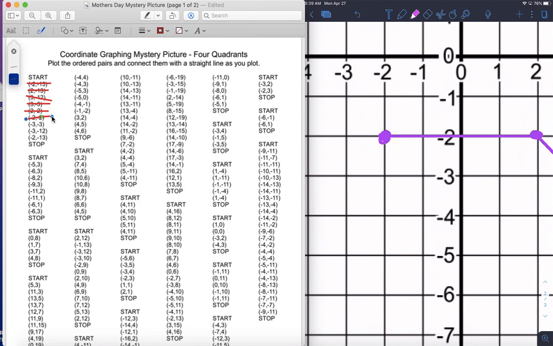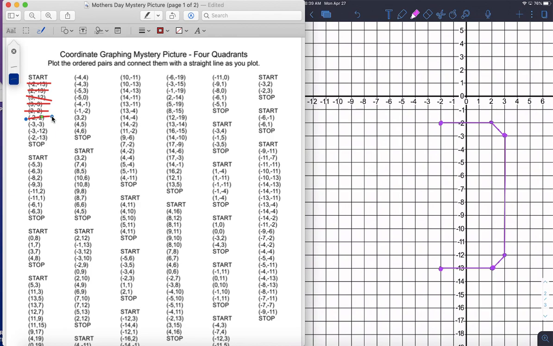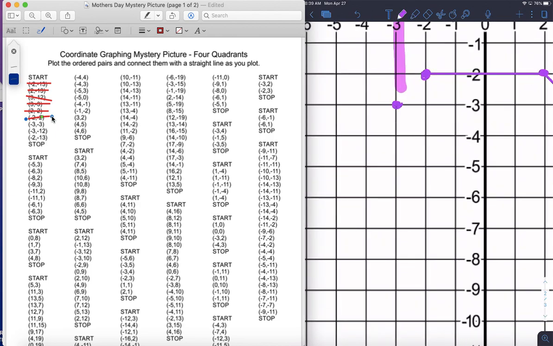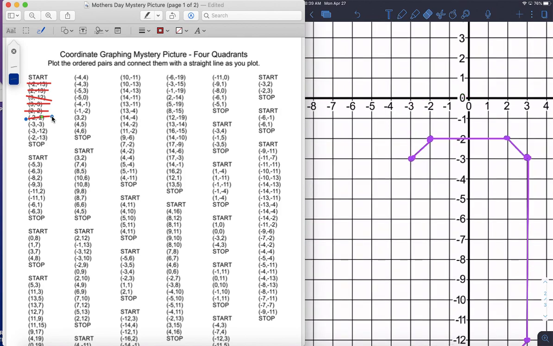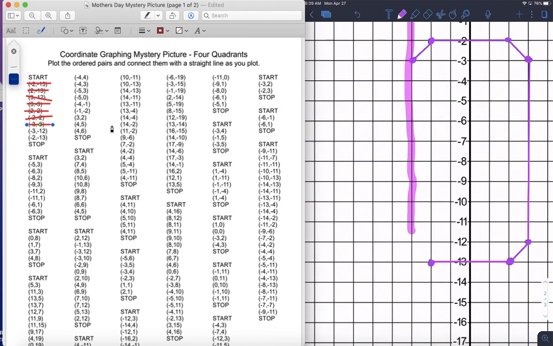-3, -3. Plotting my point there. Connect the dots. Cross it off. -3, -12. So -3, -12.